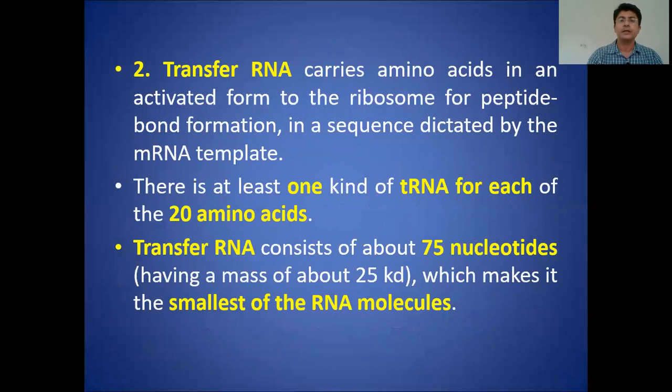Transfer RNA is another class. It carries the amino acid in the activated form to the ribosome for peptide bond formation in a sequence that is dictated by the messenger RNA template. So it acts as an adapter molecule.